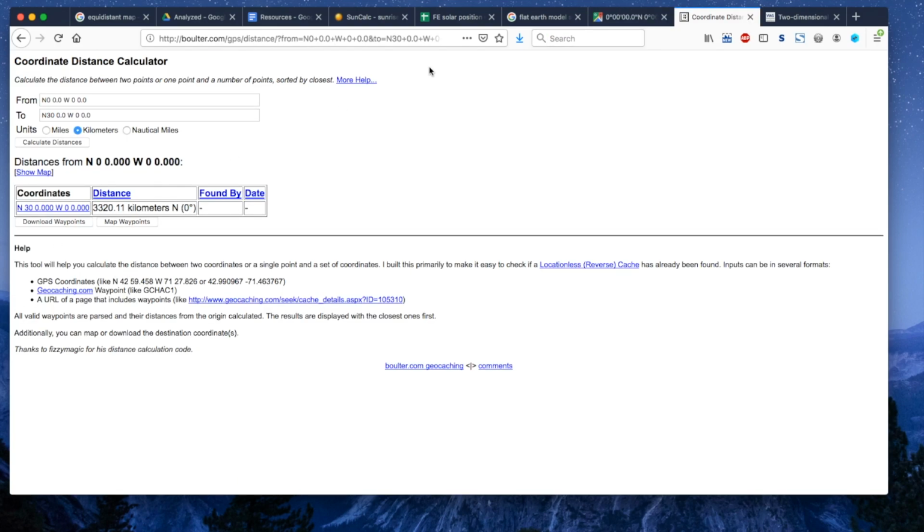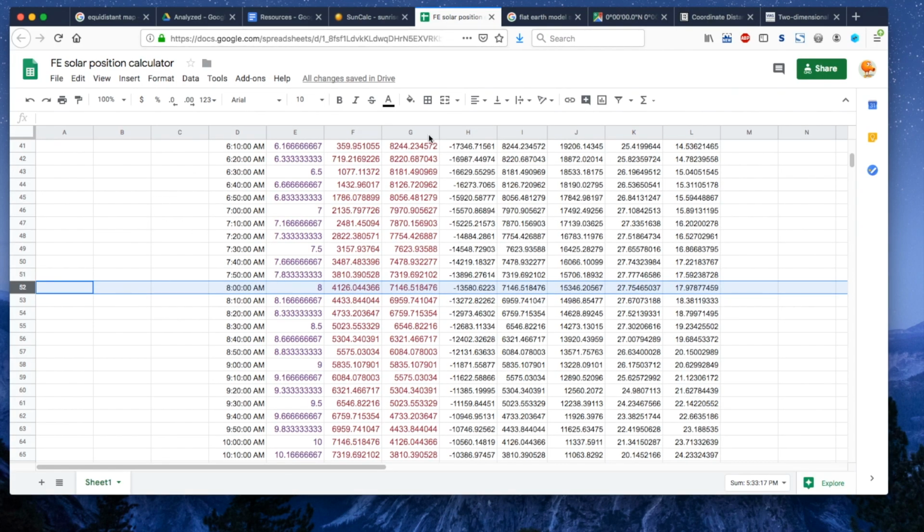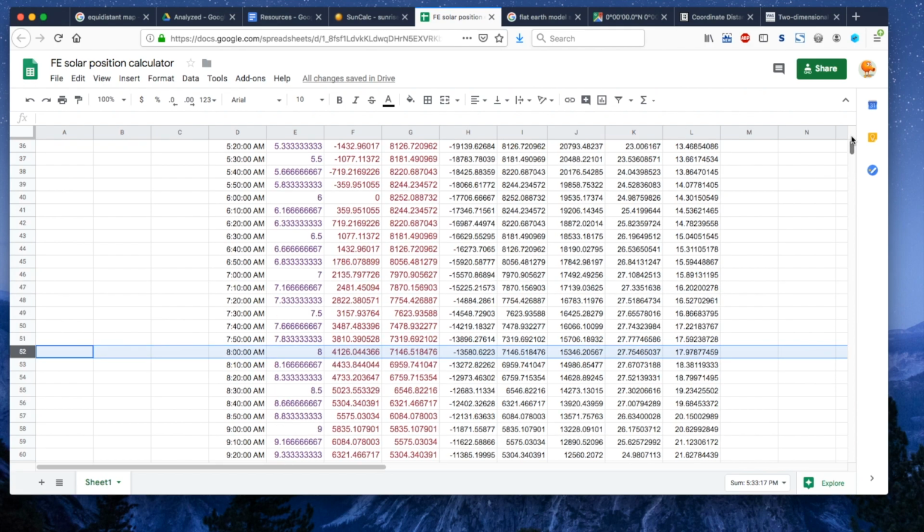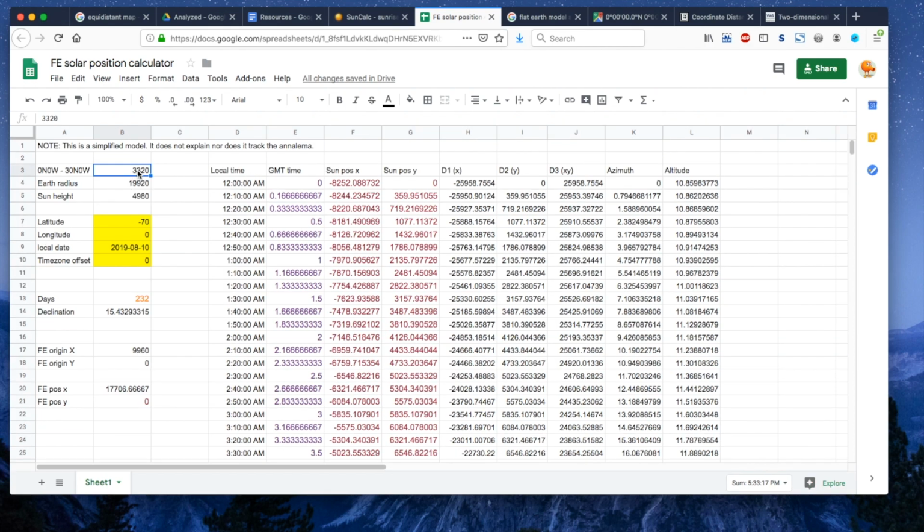I took this number and I put it in a spreadsheet I created here. Because this is 30 degrees, the distance for 30 degrees on a flat Earth, you would take this number and essentially multiply it by 6.